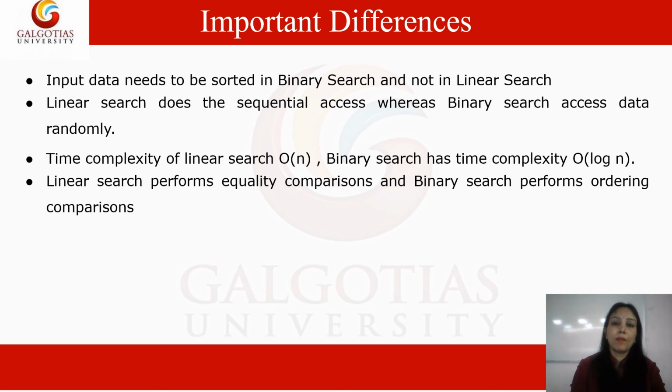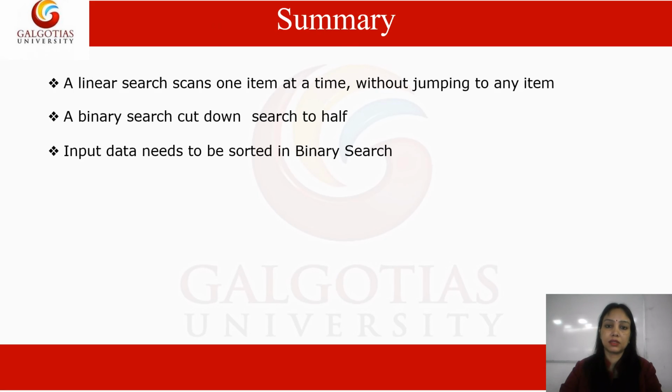The time complexity for linear search is order n, whereas for binary search it is order log n. And linear search performs equality comparisons and binary search performs ordering comparisons. These are the important differences which you have to remember while doing searching algorithms, whether you are going for linear search or binary search.